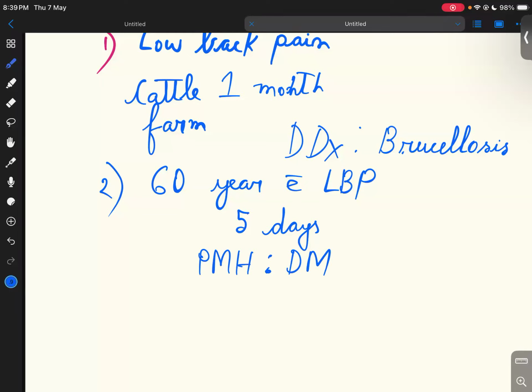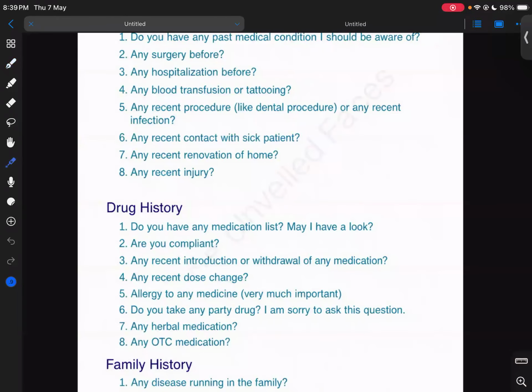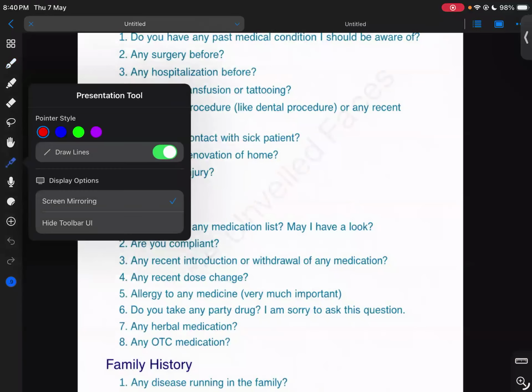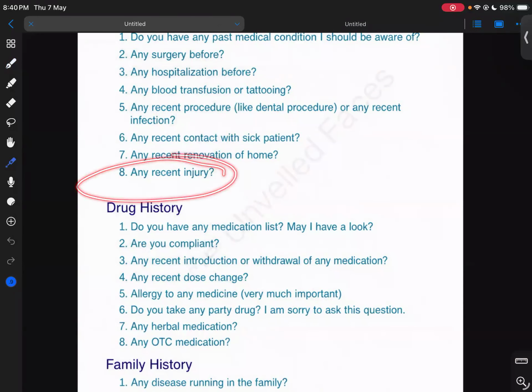But also in the past medical history, whenever this question was asked, whether there is any recent injury, he replied, recently while gardening, he had some injury at the leg. He got hurt at the leg. So based on this, what should be the diagnosis? Yes, doctor, discitis. So unless you ask this history of recent injury, the surrogate is not going to give you the answer.